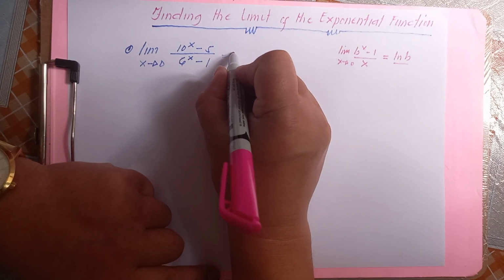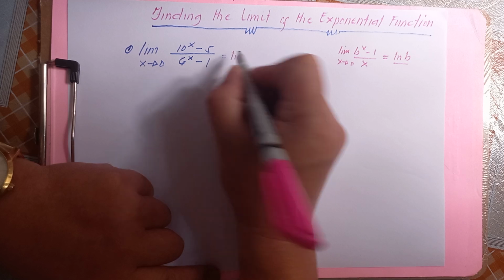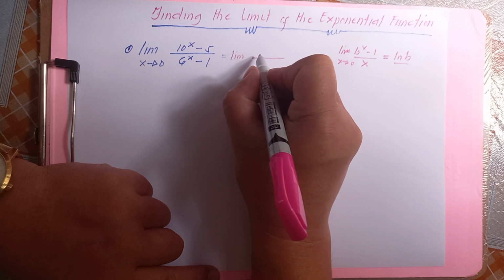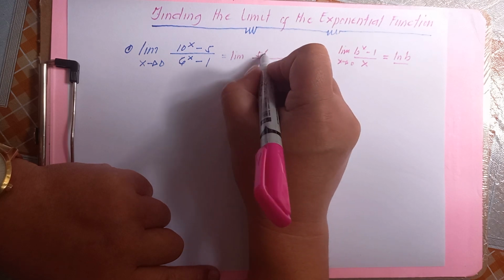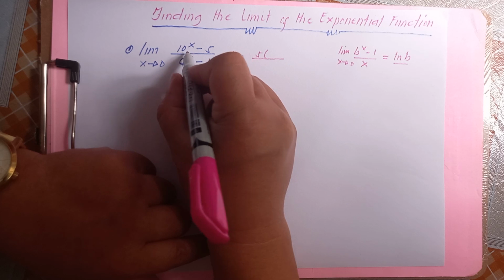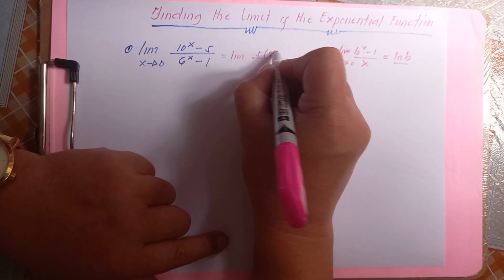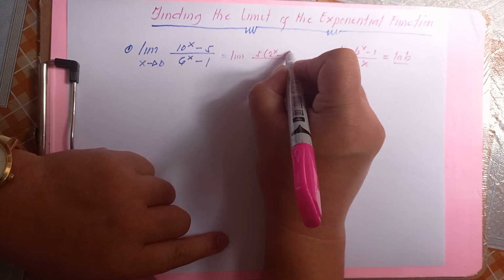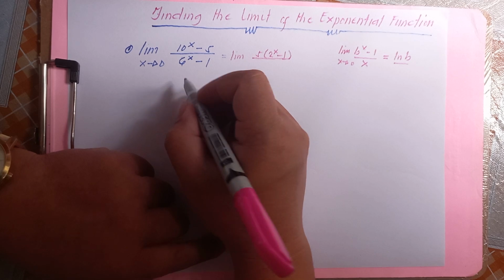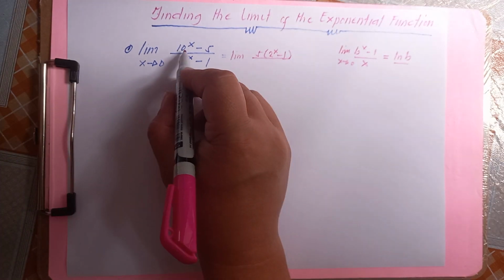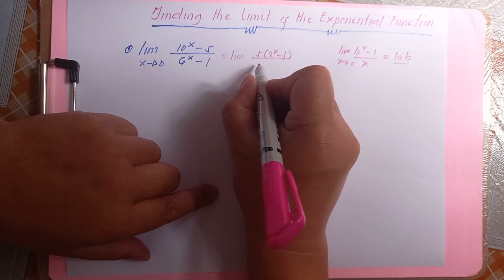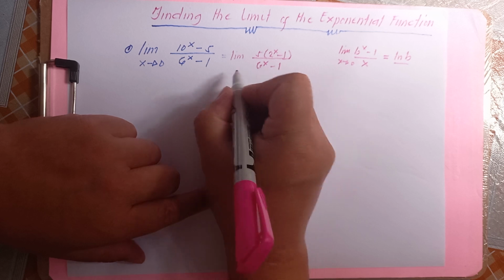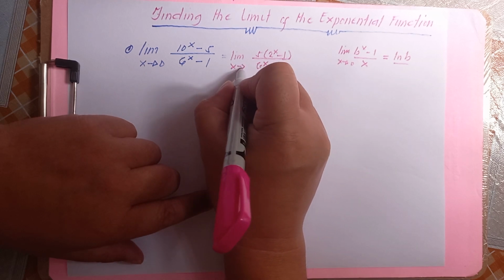So that is the same as the limit of, we have in here 5, factor out 5, multiplied by what is left in here, which is 2^x - 1, so that when we return that, definitely it will give you the same numerator. And what about the denominator? That is the same as 6^x - 1, of course, as x is approaching 0.